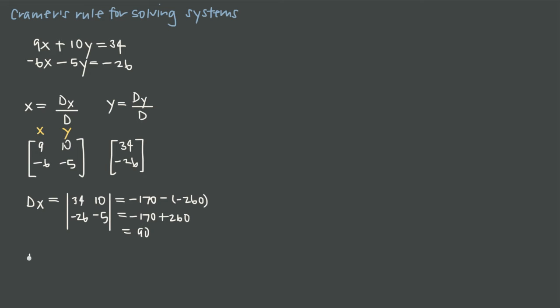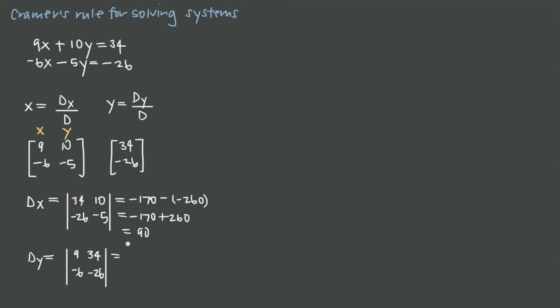Then to find the determinant with respect to y, again, we start with our coefficient matrix, 9, 10, negative 6, negative 5. But in place of the y column, we use the answer column matrix. So this time, the 9 and the negative 6 stay, but the 10 and the negative 5 get replaced with 34, negative 26.